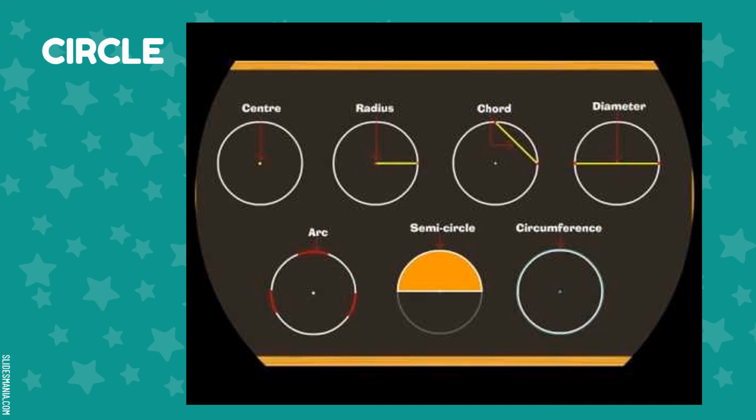And is diameter a chord? Yes. And is every chord a diameter? No, every chord is not a diameter. Diameter is the largest or the longest chord of a circle. We also learned what is an arc of a circle, and then we learned what is a semicircle. Is there anything else that we learned? Yes, you're right. We learned the sectors and the segments of the circle too, along with the circumference.